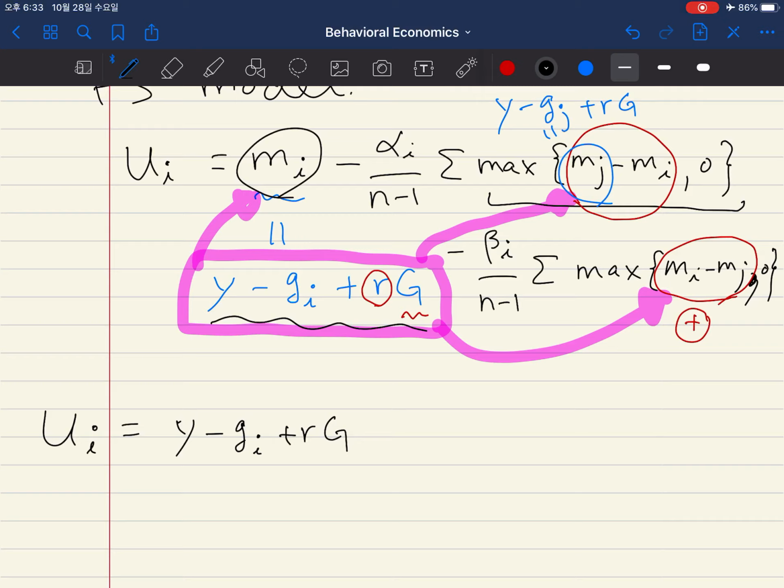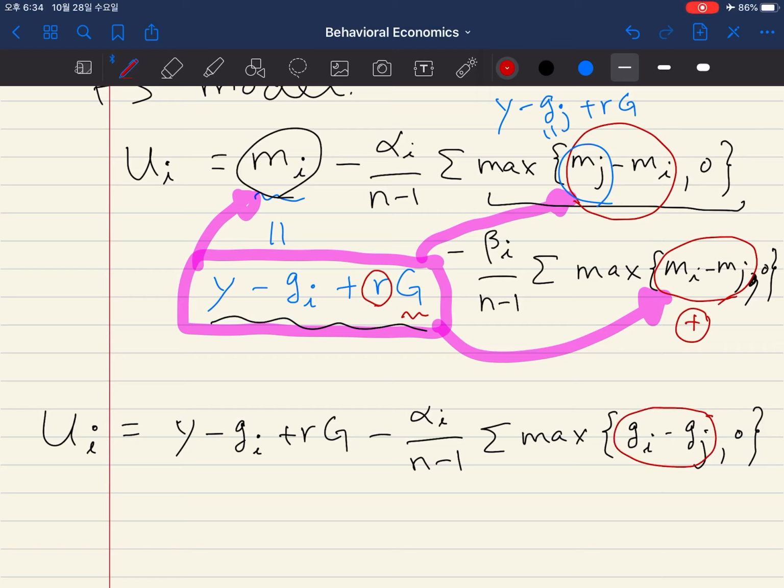So instead of Mi, we have this expression for public good game. And for envy part, instead of Mj and Mi, now we have gi and gj.